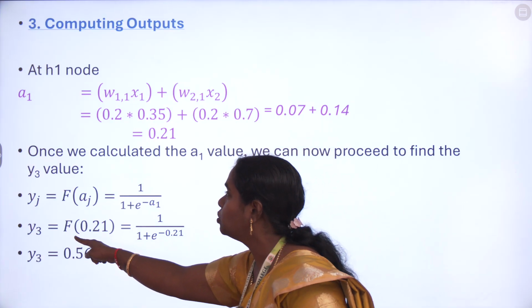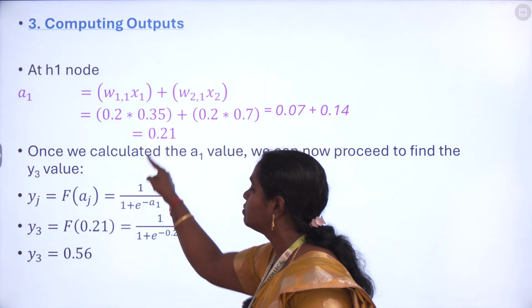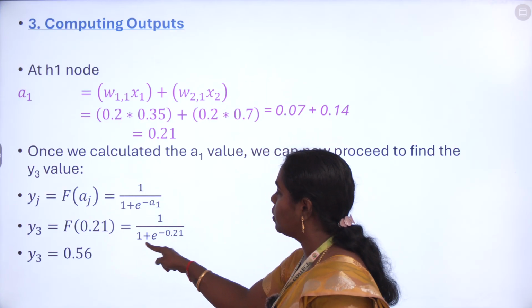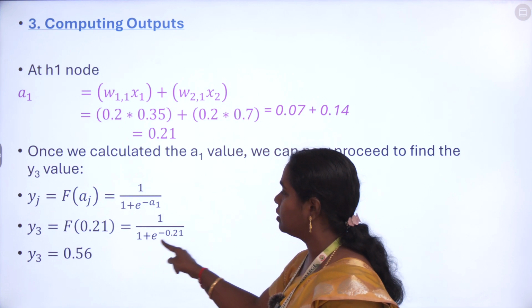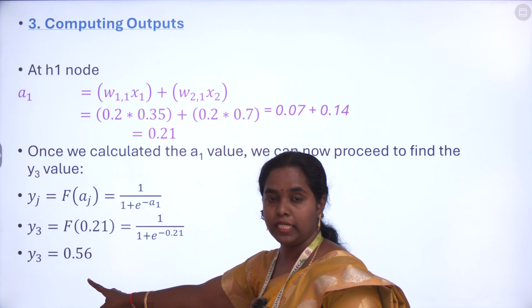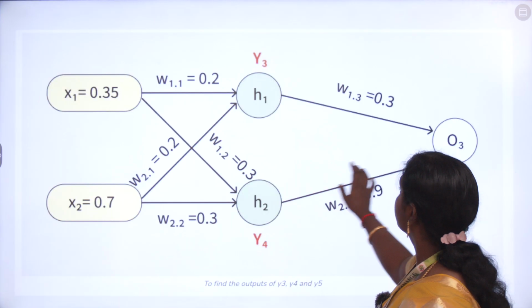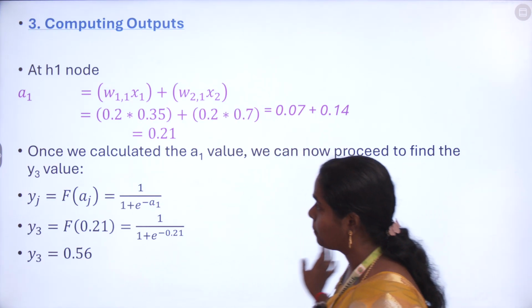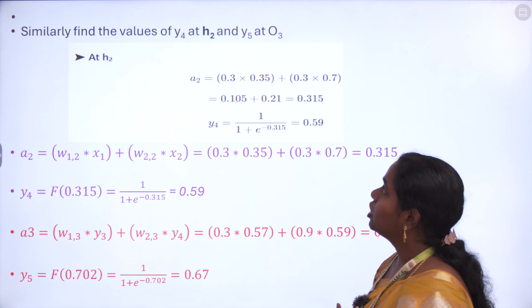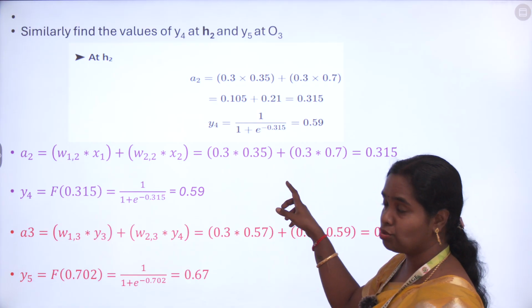So Y3 is equal to F of the A1 value, 0.21. 1 by 1 plus e power minus A1, where A1 is 0.21. You will get the value of Y3. This is nothing but the output layer. Y3 value is 0.56. Next, you have to find the H2 value by the same method.